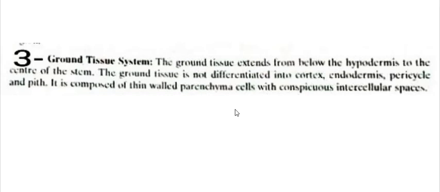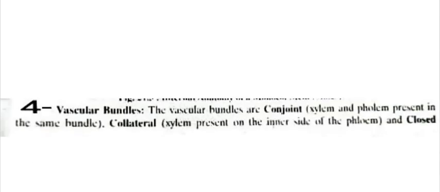This region in monocot stem consists of thin-walled parenchyma cells with intercellular spaces. Then in the ground tissue, the scattered vascular bundles are present, which form the fourth major part of the stem.